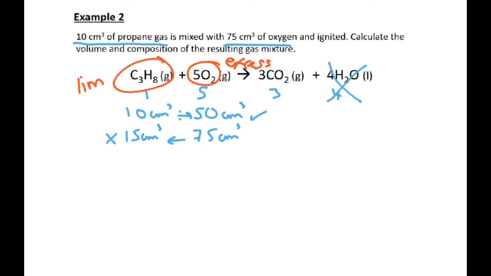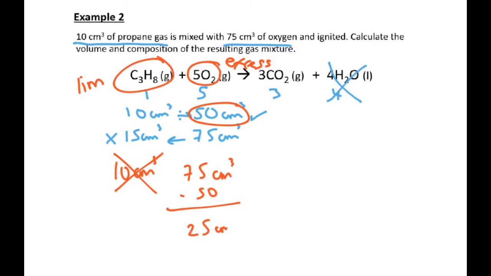So what we can then say is that 10 cubic centimetres of our propane all reacts, so that's gone. We start with 75 of our oxygen, but only 50 is used up. Okay, so we have 25 left over at the end of the reaction. What we then need to work out also is our volume of carbon dioxide.